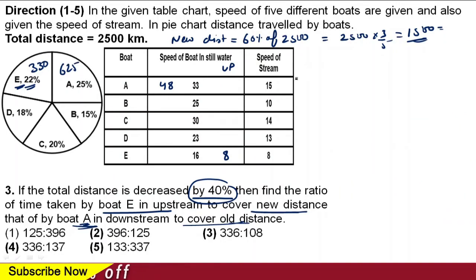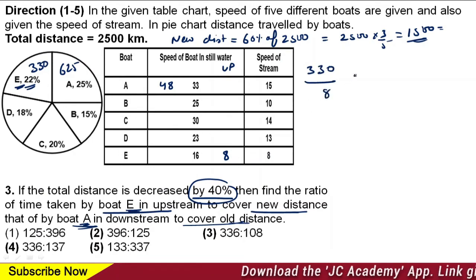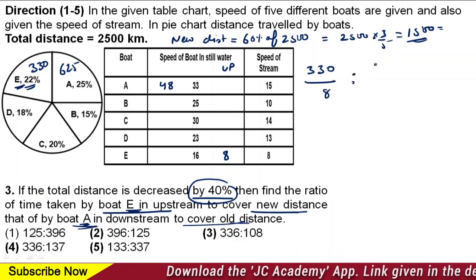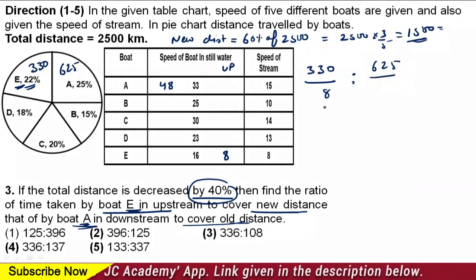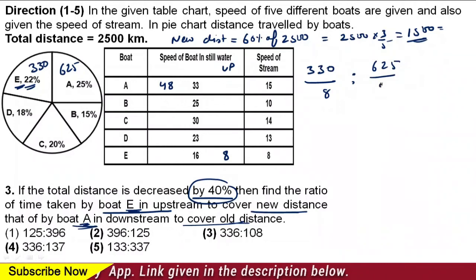So the first method that we could have adopted was the time for boat E upstream. So the distance is 330 upon the upstream speed for boat E, ratio 625 upon the speed for boat A downstream, that will be 48.